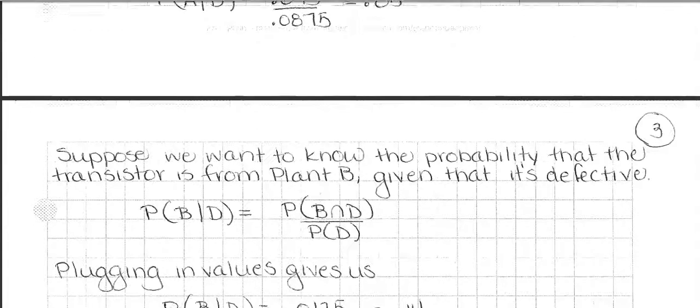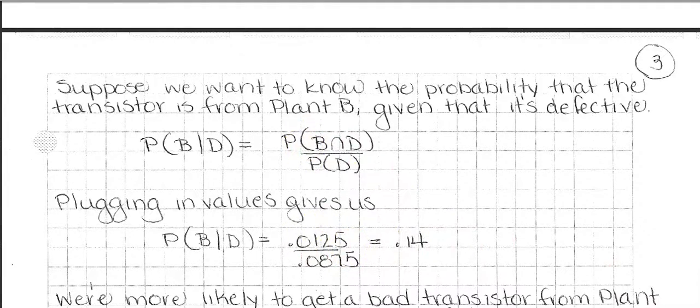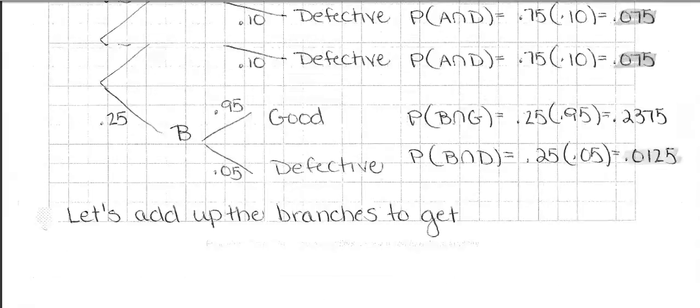Okay, let's say instead we want to know, what's the probability that a given transistor is from plant B, given that it's defective? We'd expect this to be a lot smaller of a number because plant B doesn't produce as many transistors. So we're going to go through the branch that gets us to B and defective, going back to the tree.